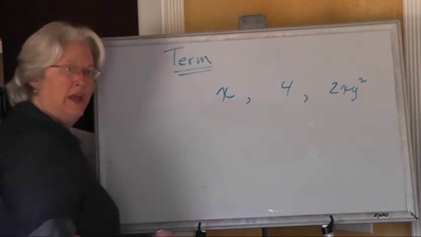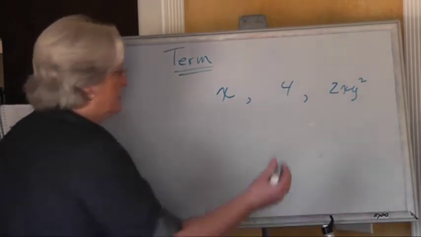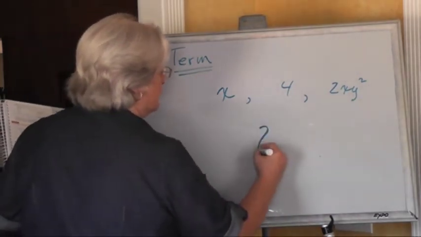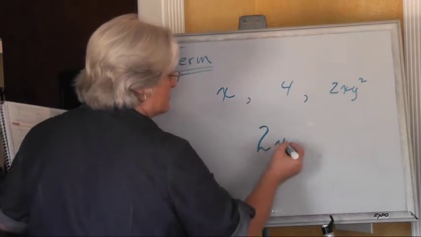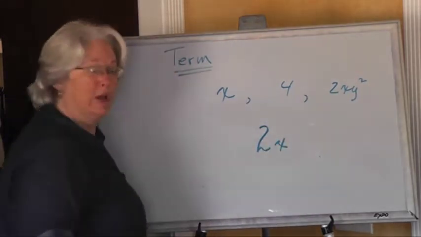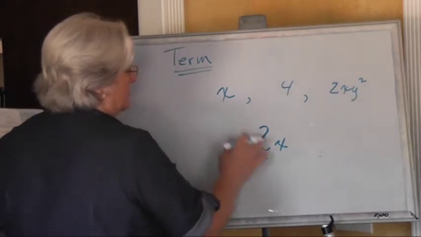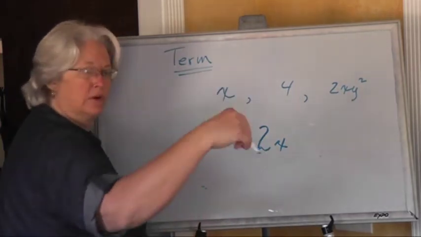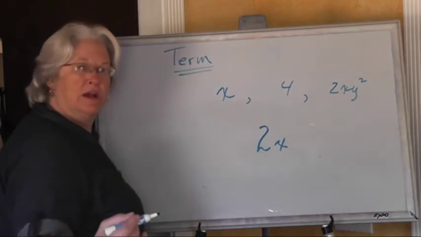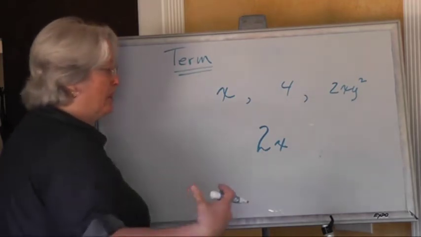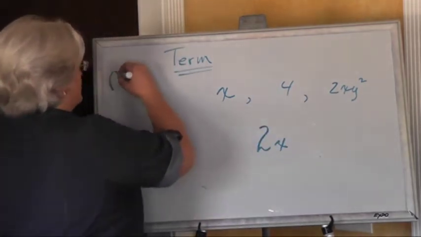Let me go ahead and do my basic classic example. 2x is an algebraic term. And Laura, this is how I make my x's. They're always sort of scripted. Sometimes people think they're 4's, but they're not. So this is an algebraic term.